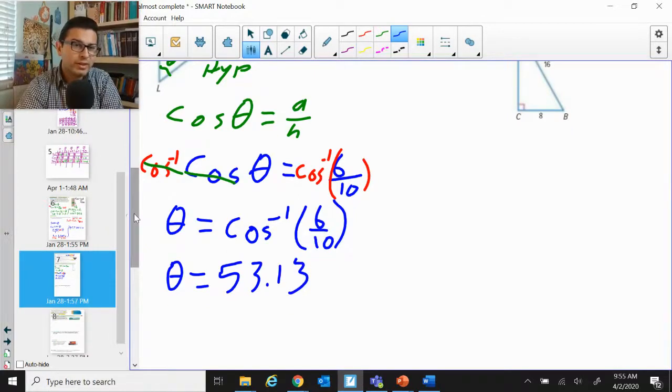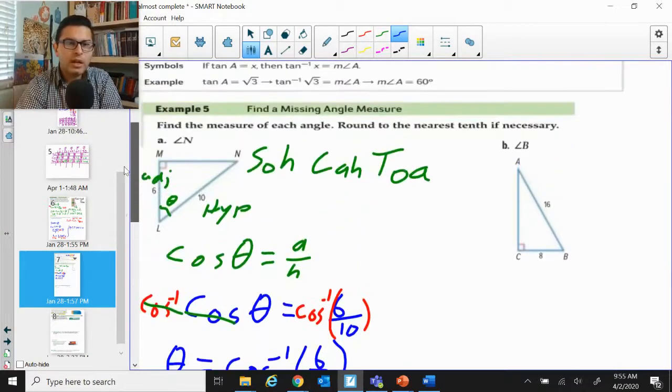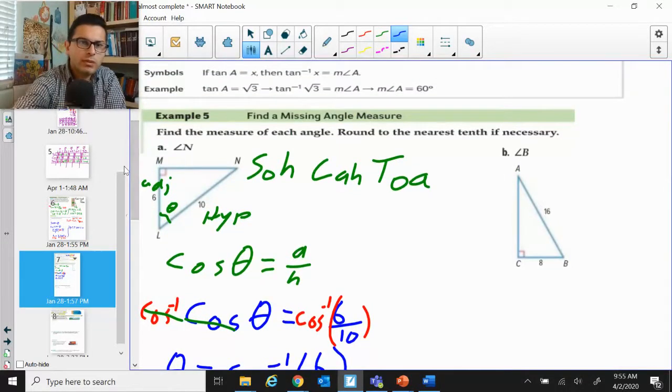And we are done. Except we still have one more angle because we're able to find this angle right over here. I'm just going to say that this was 53.13. And now we need to find this angle right over here.